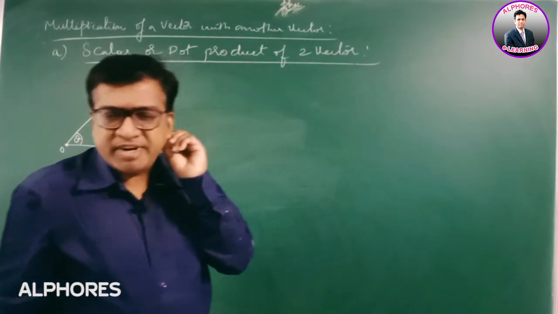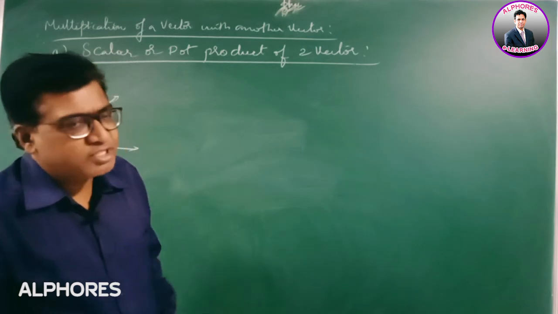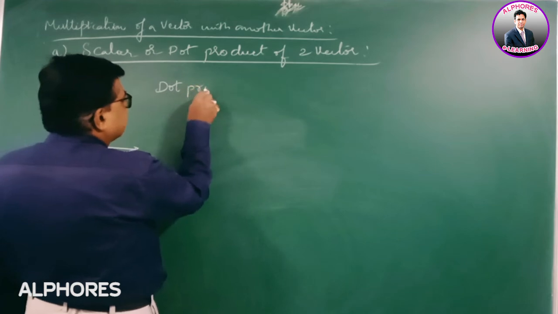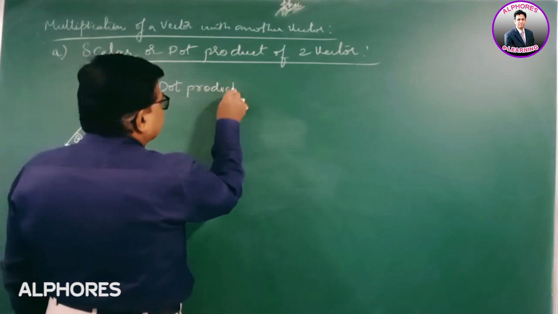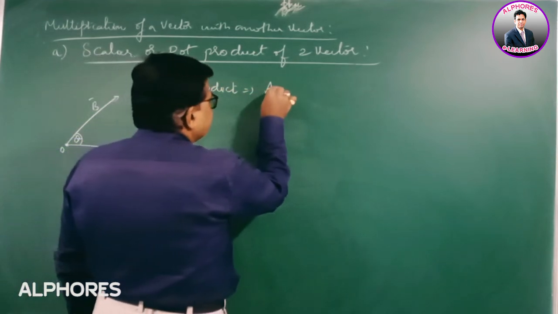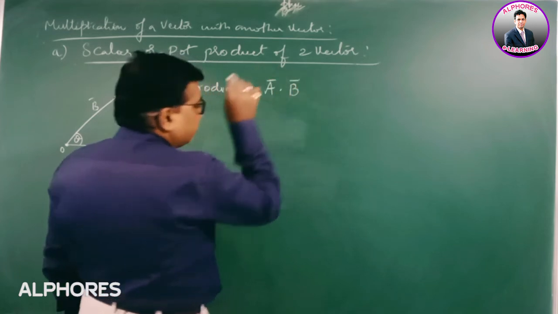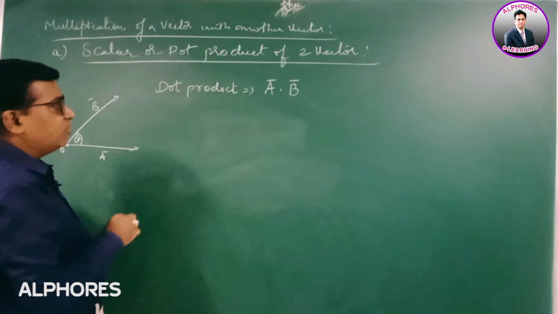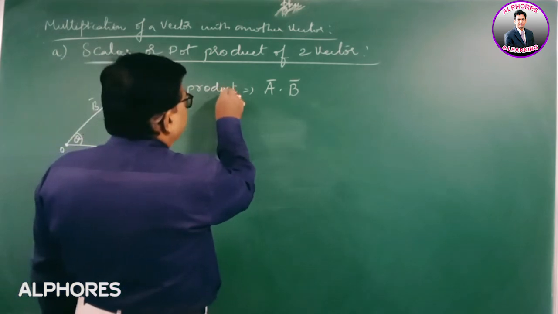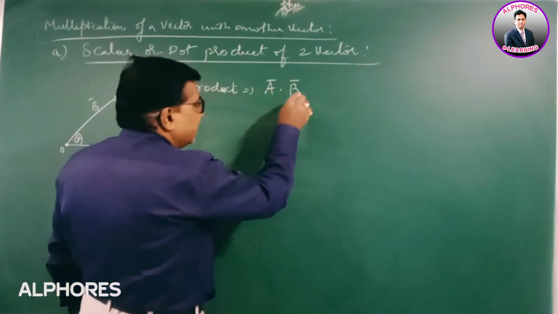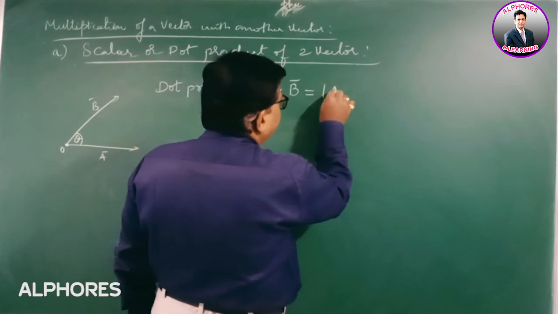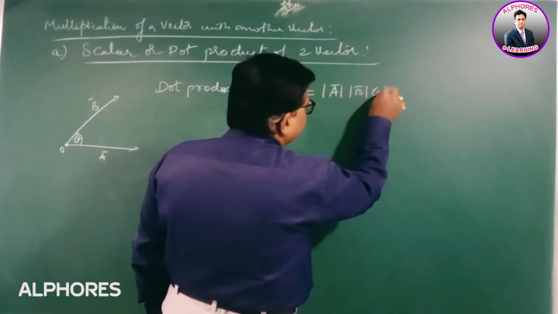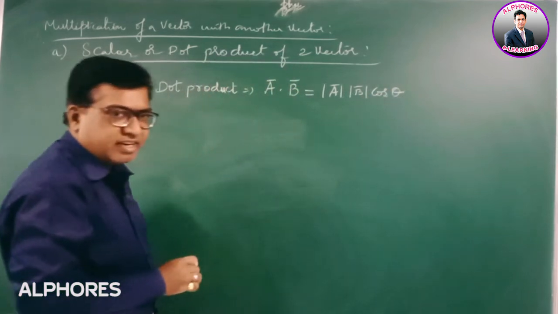Now I am asked to find the dot product of these two vectors. This is represented as A bar dot B bar. The dot product of two vectors, A bar dot B bar, is mod A bar times mod B bar times the cos of the angle between the vectors.